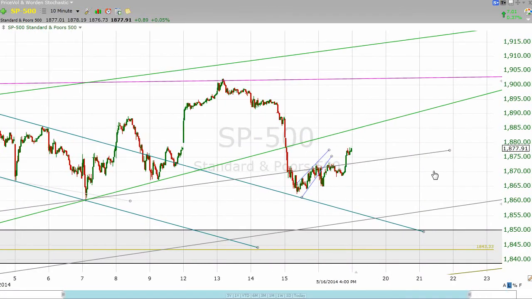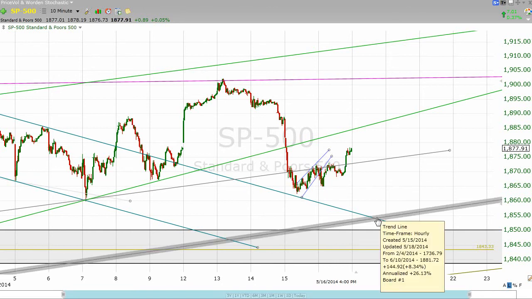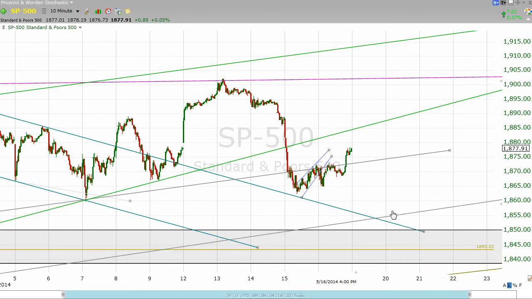I mentioned on Thursday that it looked like we might be making a bear flag here, with the idea that if this little pattern bounded by these two blue lines were to break down, then we should be seeing a move to likely test 1840 to 1850. Well, that breakdown did occur, but that test of that level did not take place.